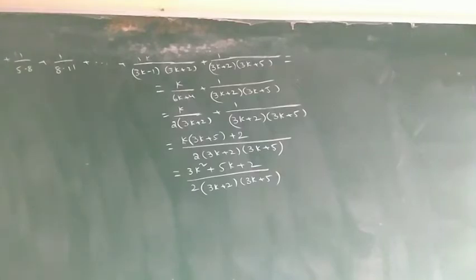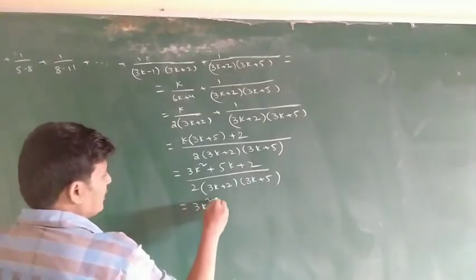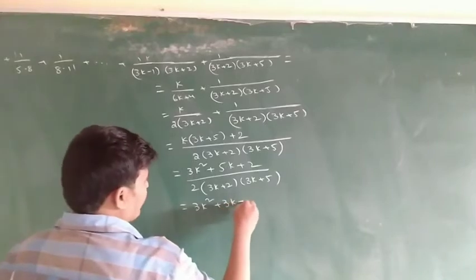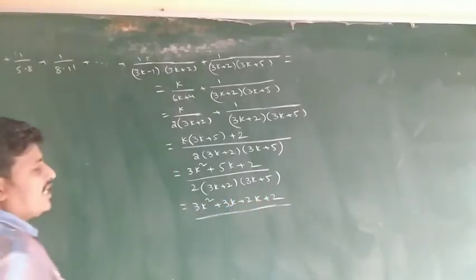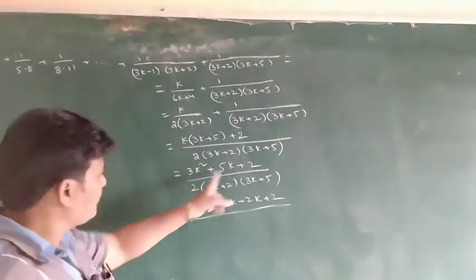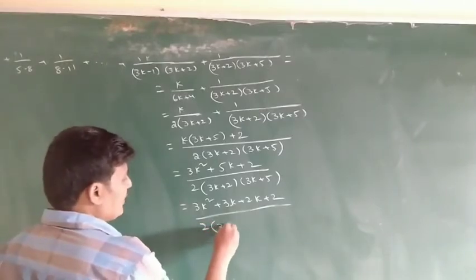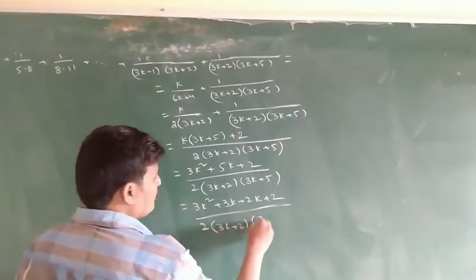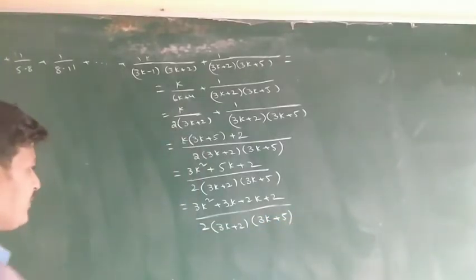Factorizing: 3k squared plus 3k plus 2k plus 2. Adding 3k plus 2k is 5k, and 3k into 2k is 6k squared, by 2 into 3k plus 2 into 3k plus 5, 3k plus 2 into 3k plus 5.